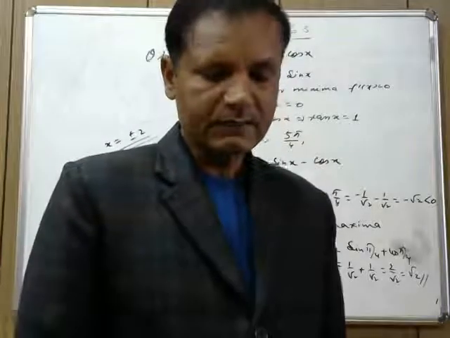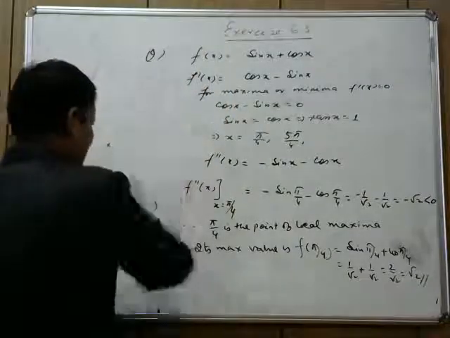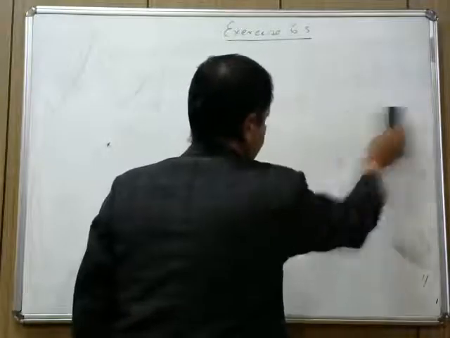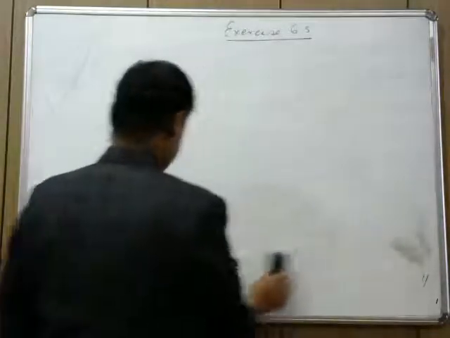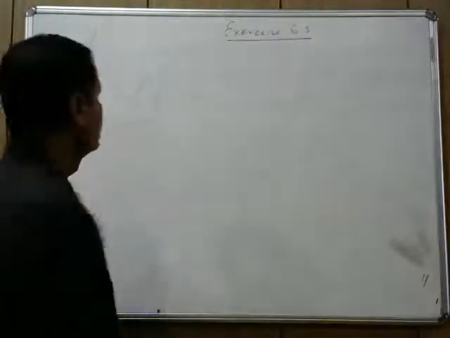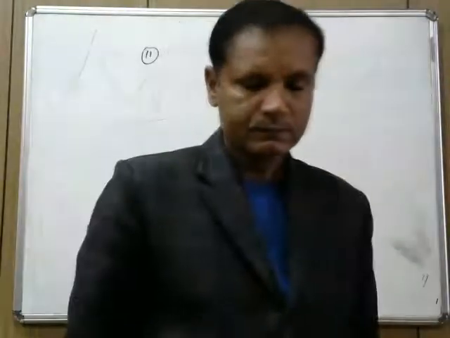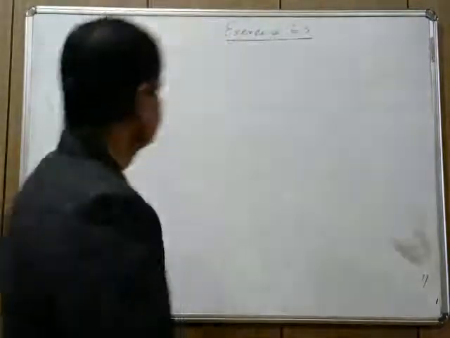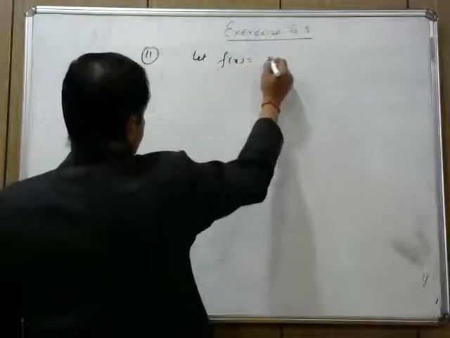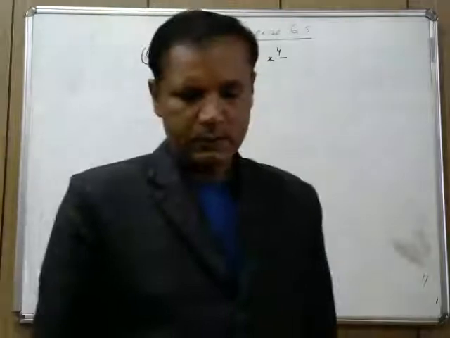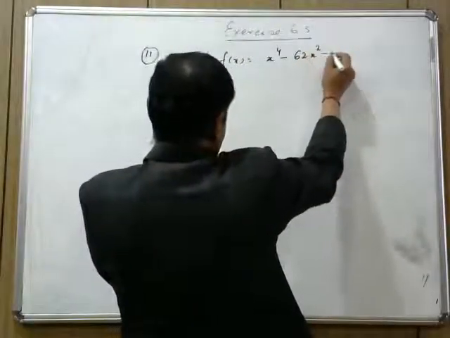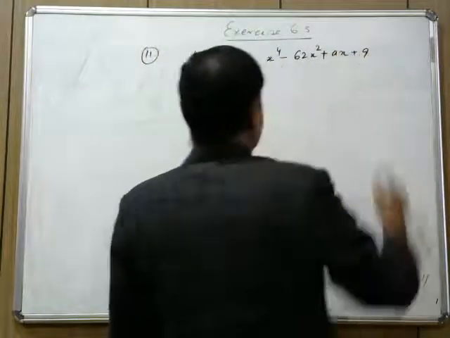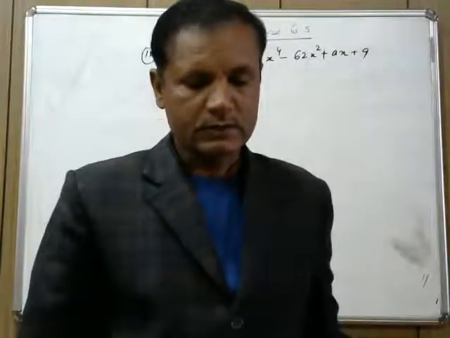Okay, now question number 11. It is given that the function f of x is equal to x to the power 4 minus 62x square plus ax plus 9 attains its maximum value at x is equal to 1.